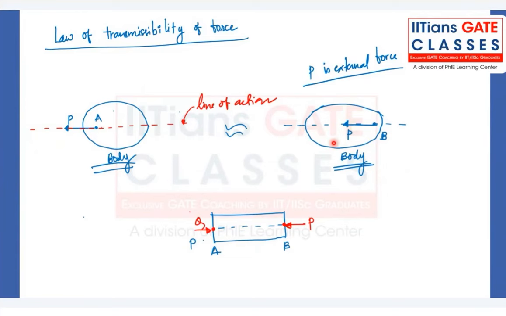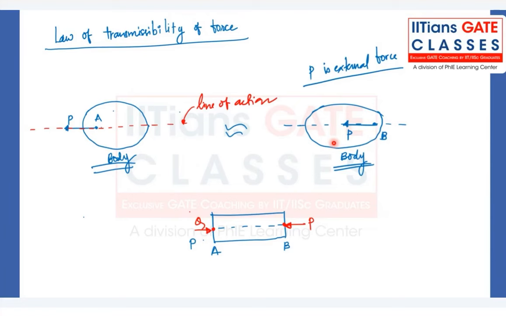So why is it important? In some cases, you can simplify the problem if you use this law of transmissibility of force. When you draw the free body diagram, it will be easy for you to apply these forces and make the figure simpler in order to understand the overall force system. I hope it is clear. I'll repeat the statement.